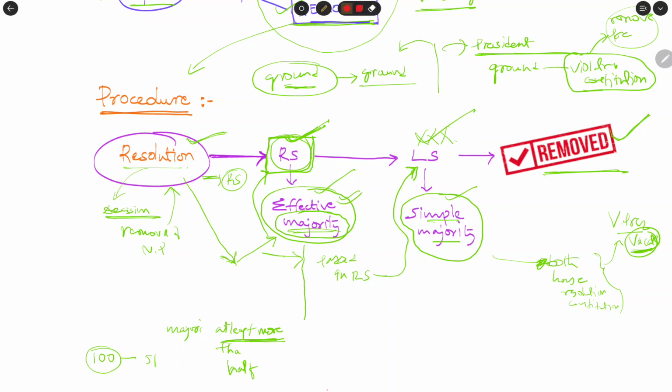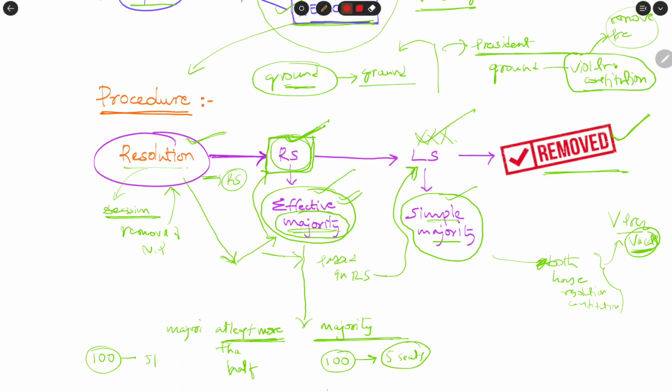If you take 100 as the strength of the house, then what is the effective majority? While calculating the majority, they leave out the vacancies in the house. Let's take 100 as the total strength of the house, but 5 seats are vacant, meaning members are not elected for these 5 seats.